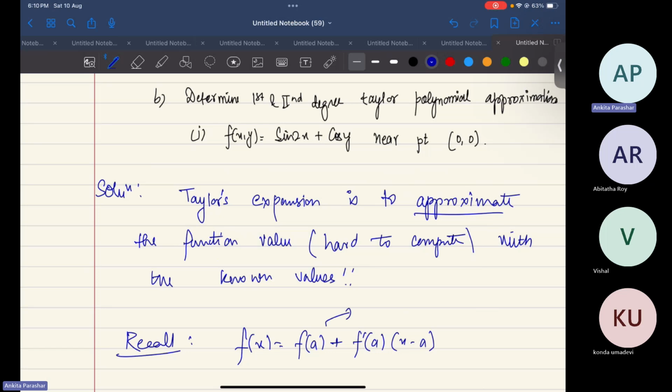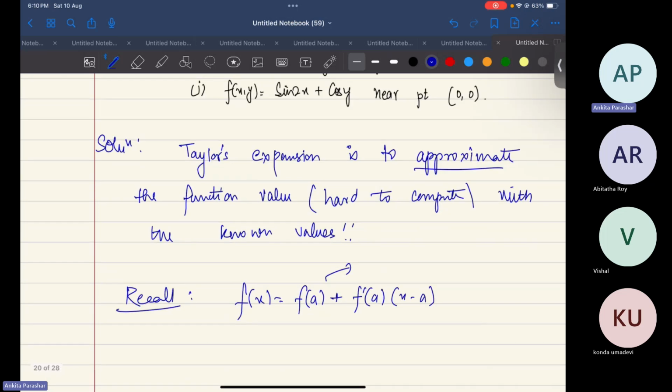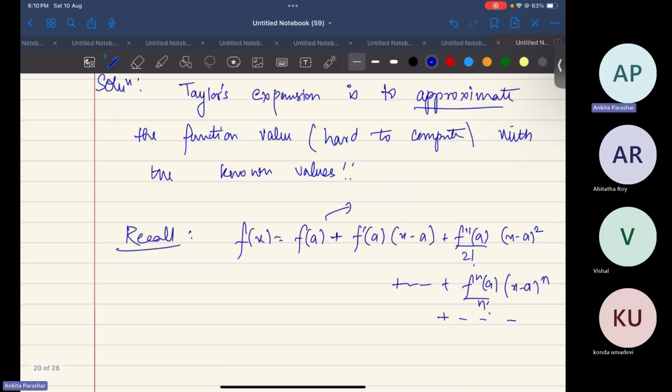Around the point a you are approximating. Plus f''(a) by 2 factorial (x minus a) squared, and so on, up to f^(n)(a) by n factorial (x minus a)^n. But here things were easy because it is one variable. How do we replicate this series in the two variable situation?